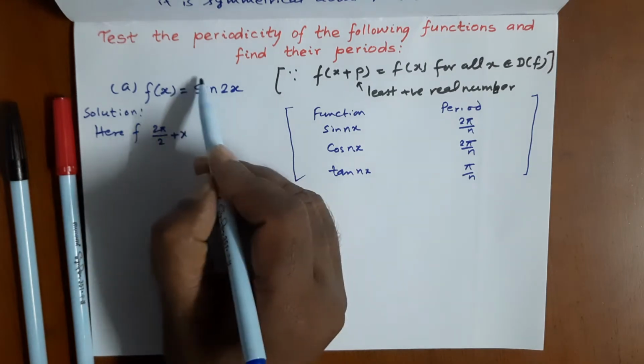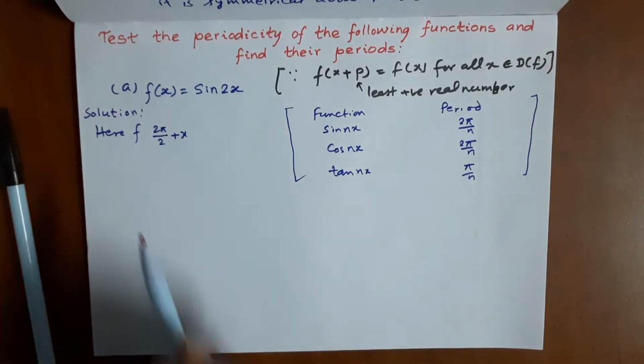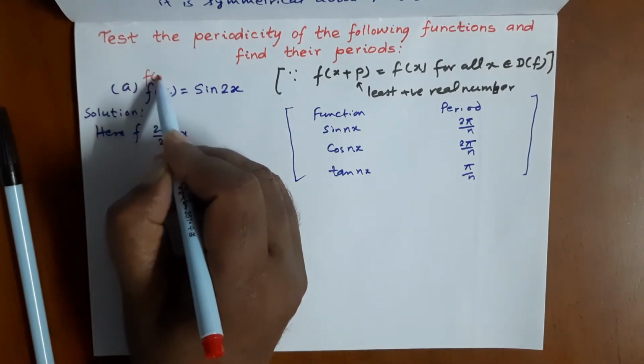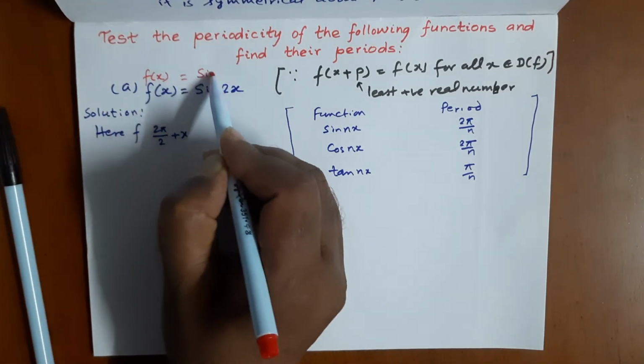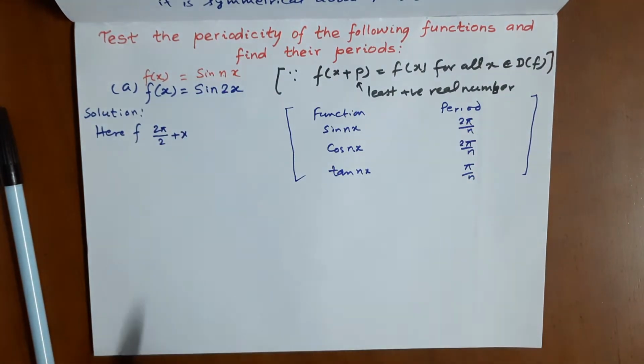If you compare this with f(x) equals sine nx, in place of n we have 2, so the period will be 2 pi over 2.